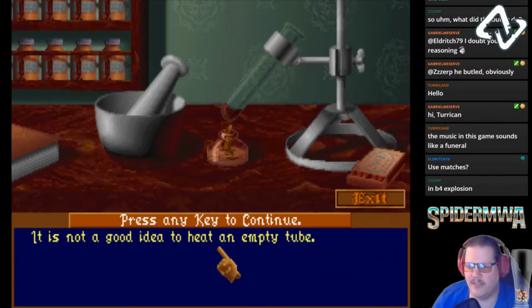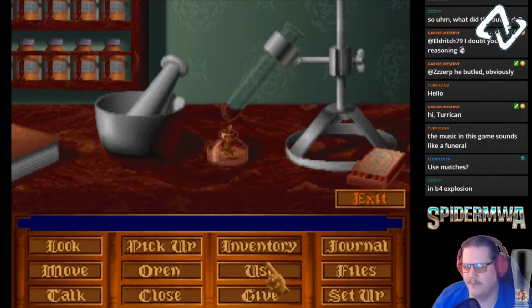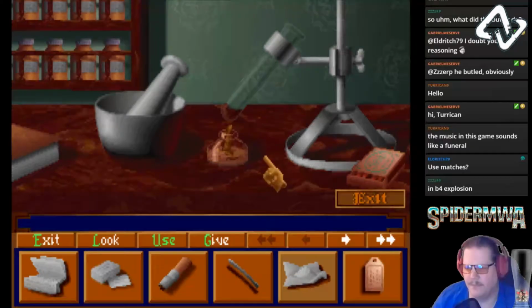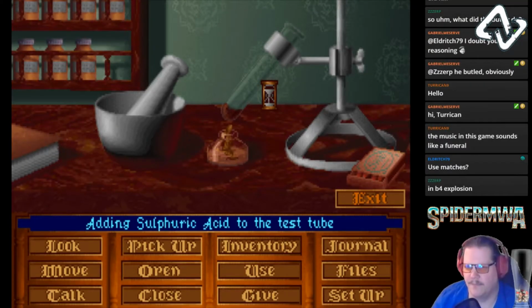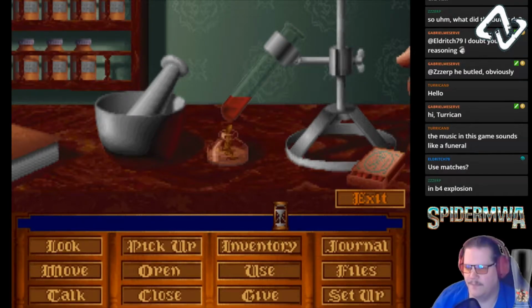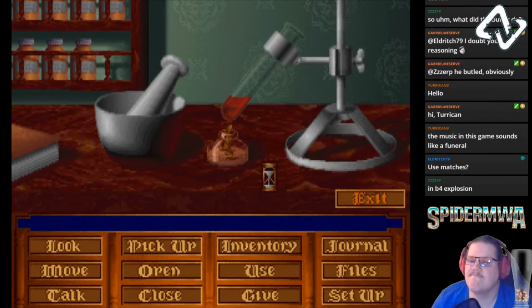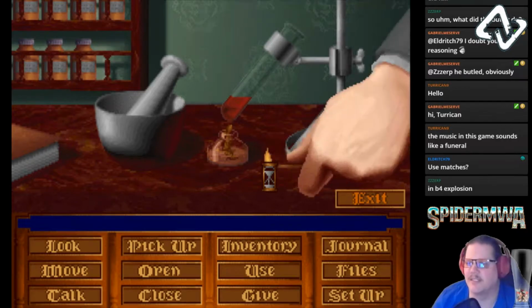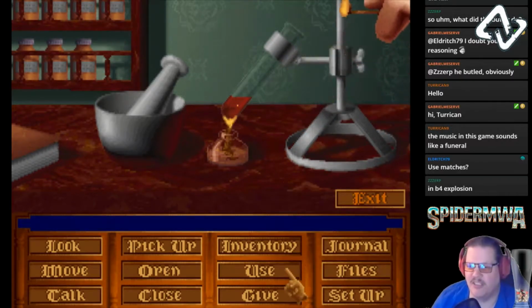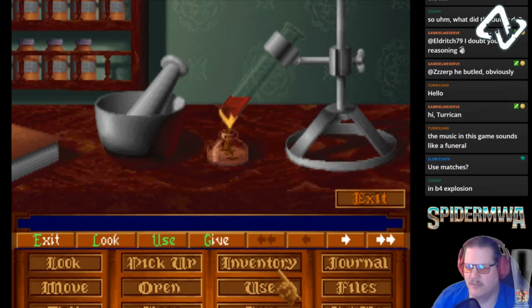It is not a good idea to heat an empty tube. Gotta be so meticulous with this. I'm sure it's the same results as before.